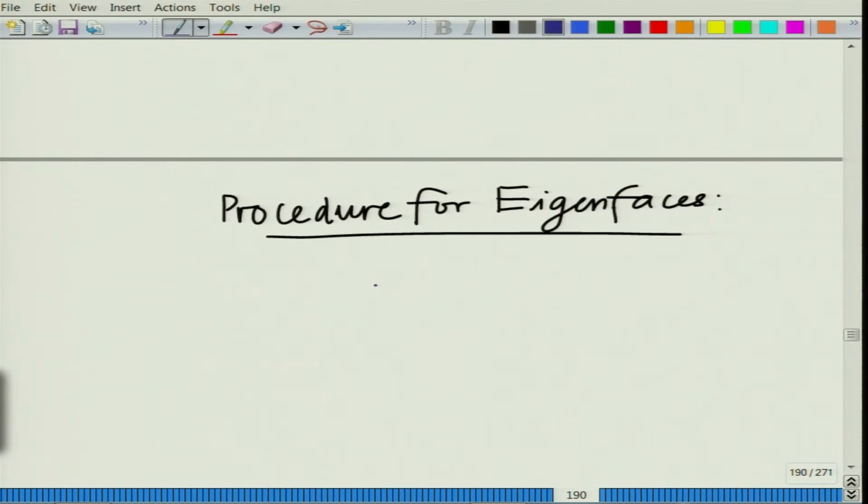What we do is similar to PCA. I hope all of you remember the principal component analysis algorithm that we have described before.